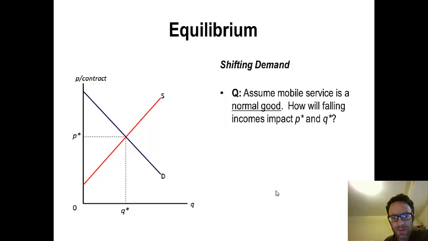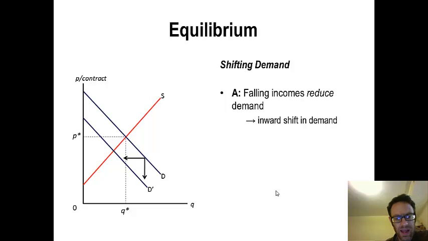And let's also assume that cell phone service is a normal good. So declining incomes are going to ultimately lead to a reduction in demand, a leftward, downward shift in the demand curve, something like this.